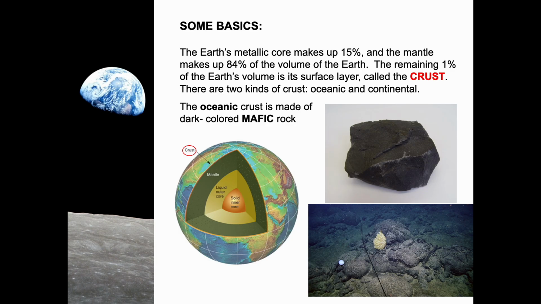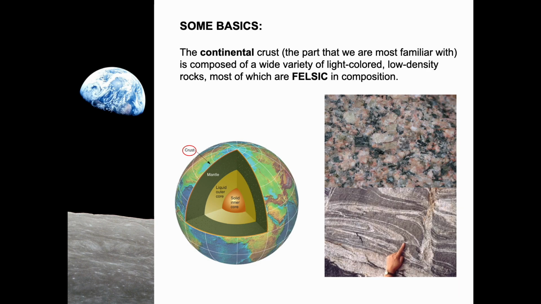The sea floor is made up mostly of basalt, except for areas where it's been buried by oceanic mud called ooze. But the underlying rock beneath the oceanic sediments is almost entirely basaltic rock. Where we live on the continents, the continental crust is composed of a wide variety of different types of rocks, but most of these, especially down deeper in the crust below the surface, are made of lighter colored, lower density rocks than the oceanic mafic rocks, and these are felsic in composition.